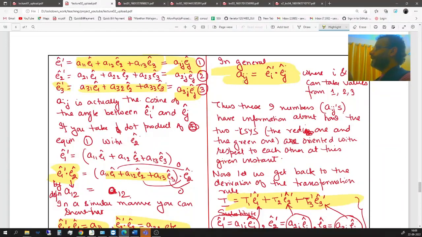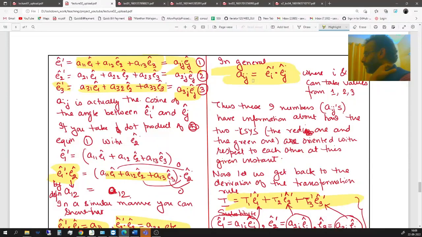I mean, if you write Apq equals Ei prime dot Ej, it will not carry any meaning. So if there are i and j on the right hand side, left hand side also you should have i and j appearing on their own without being repeated.